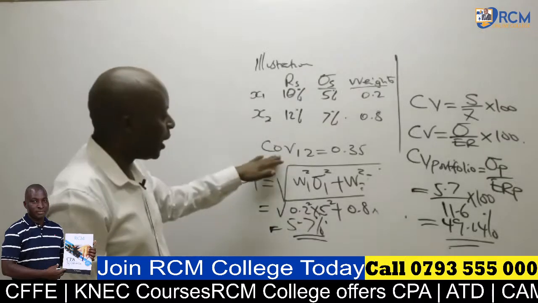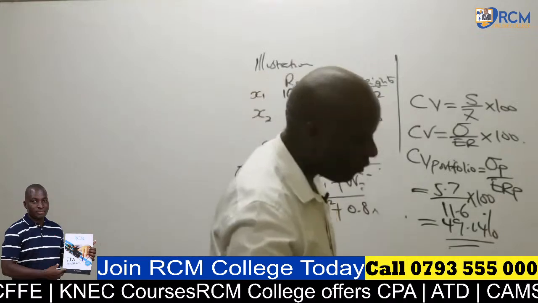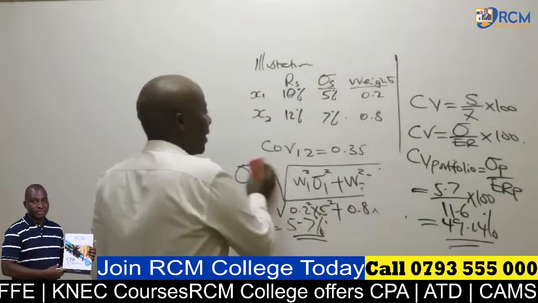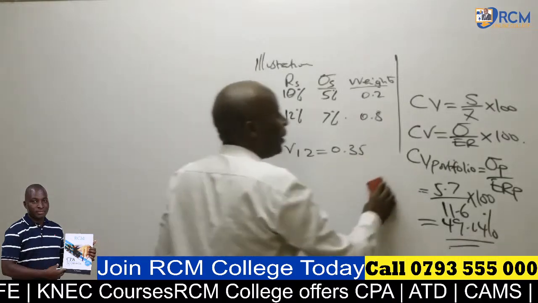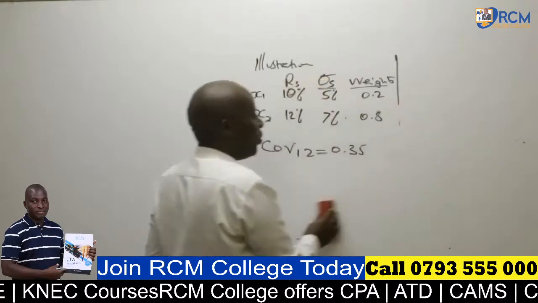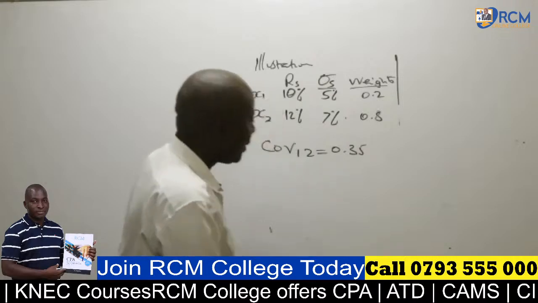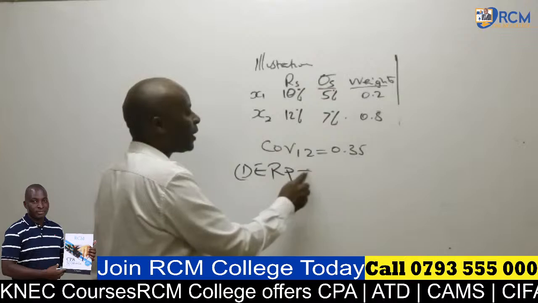Down here, they have given me the covariance. They wanted us to do two very simple things. Number one, to give them the expected return of the portfolio.